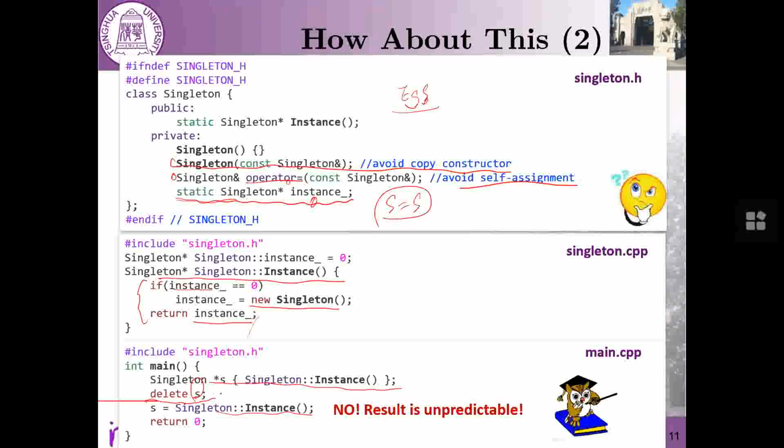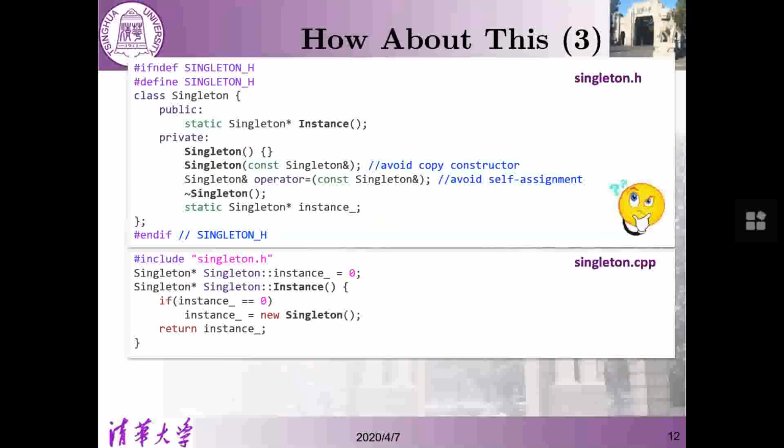Because if we delete it, the pointer points to some freed memory, right? However, the pointer is not zero, so the pointer will be returned here. And this pointer points to some freed memory, right? This is unsafe and unpredictable, right? So how to solve this problem?